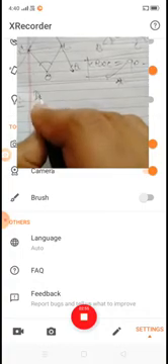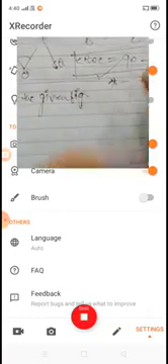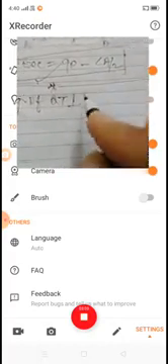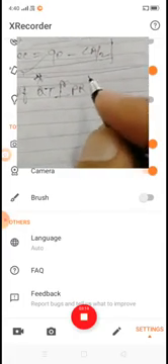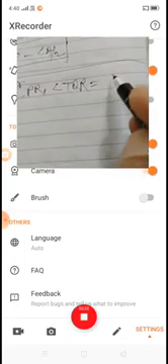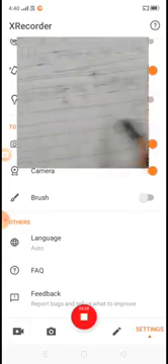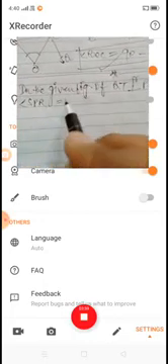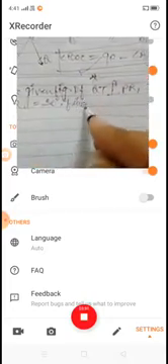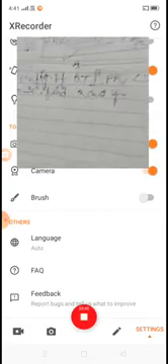In the given figure, if QT is perpendicular to PR, and angle TQR is equal to 40 degrees, and angle SPR is equal to 30 degrees. Okay, find the value of X and Y.